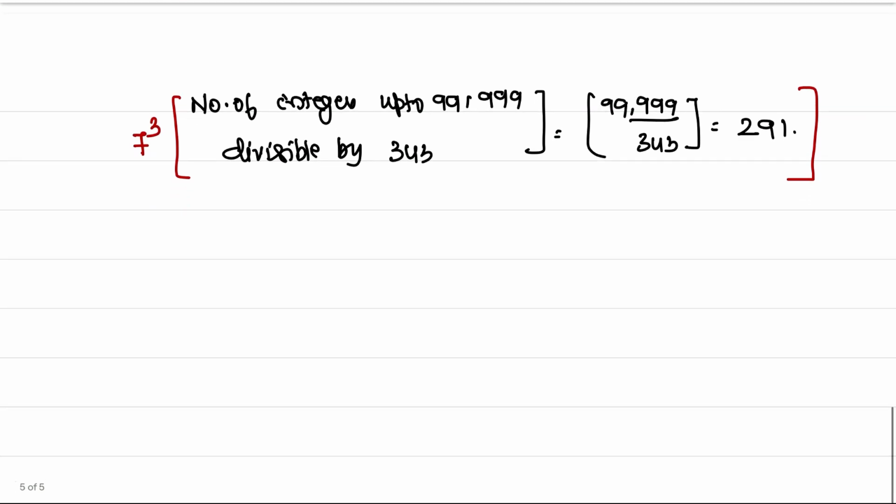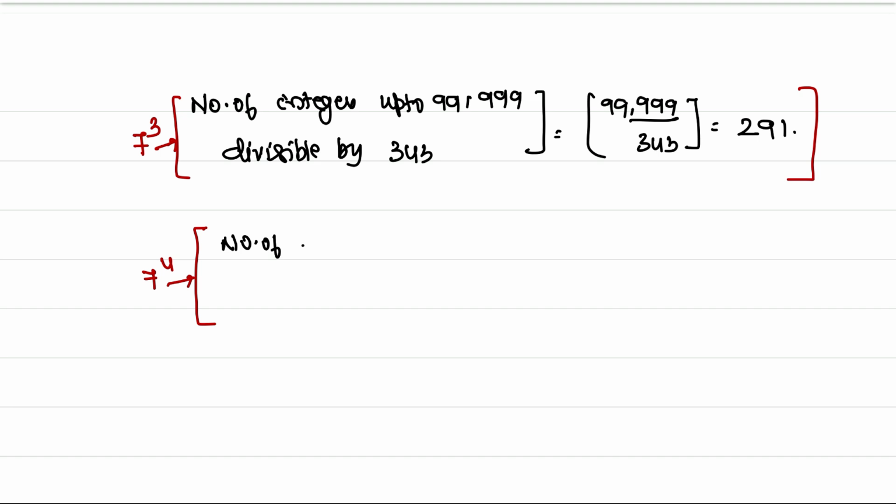Now we will go for 7 to the power of 4, because up to 7 to the power of 5 we require. Why we require even powers also, I will tell you. Give me a minute.